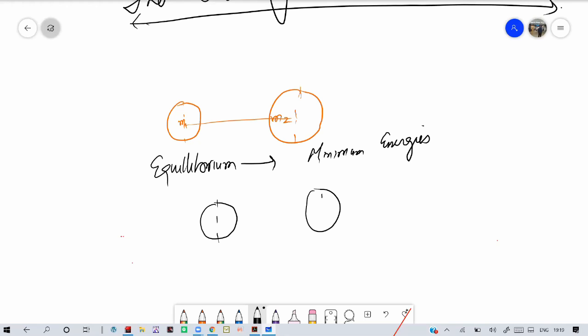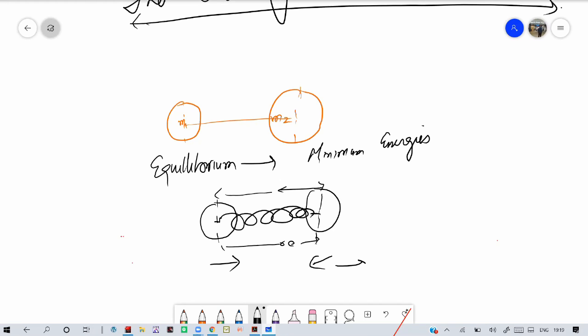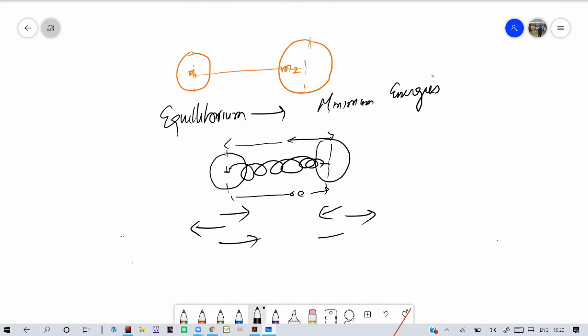The bond length here squeezes, so it goes like this. Just imagine a spring attached with masses at the two ends. It can come like this, it can go away like this. Sometimes it happens that this goes in and this goes away. So these are the types of vibrational motions which can happen when there are two atoms.